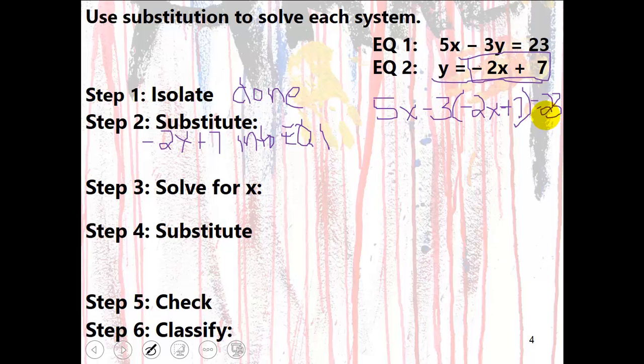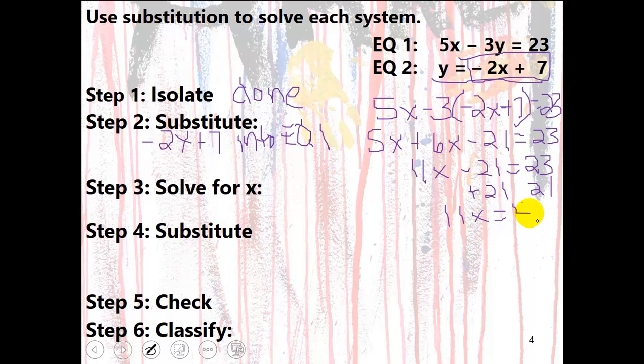Now I'm going to distribute. So I get 5x plus 6x minus 21 equals 23. I'm going to combine like things. 11x, 5x plus 6x means I have 11 of those x's. Minus 21 equals 23. Now I'm going to add 21 to both sides. And I get 11x is equal to 44.